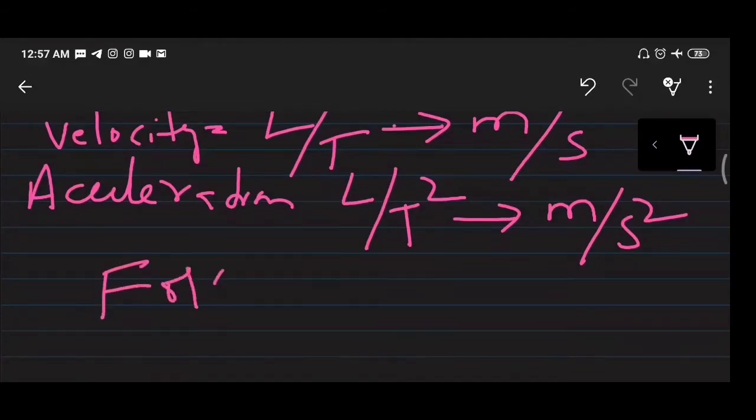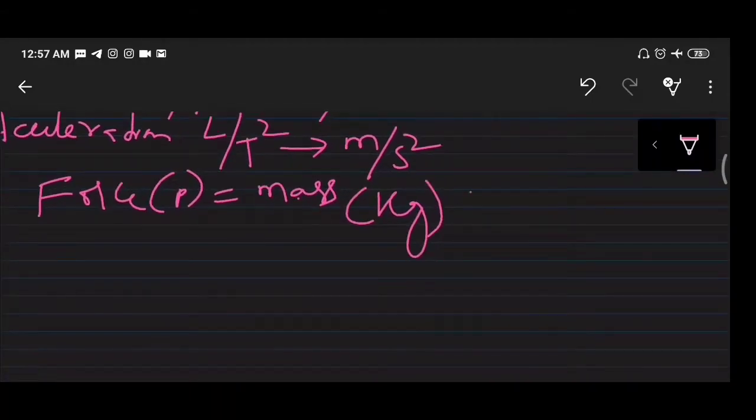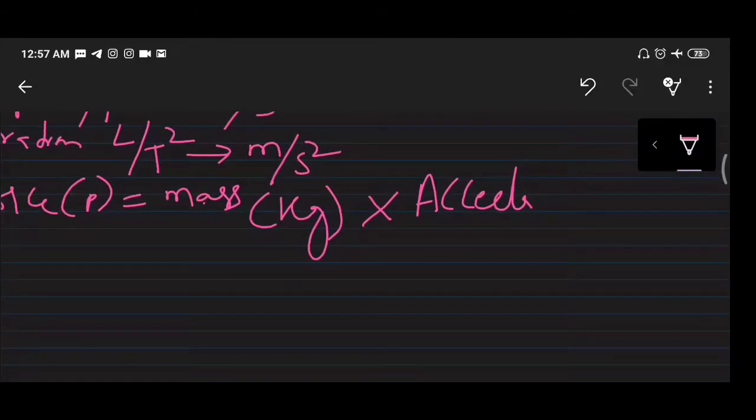Now force, represented with P, is nothing but mass into acceleration, right? So let's say mass in kg into acceleration in meter per second square.